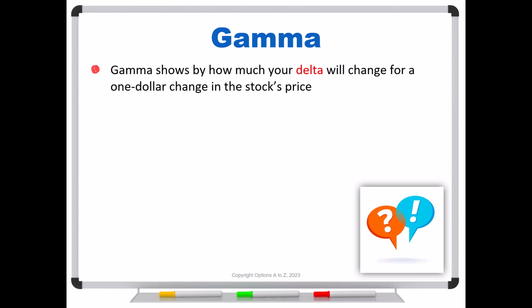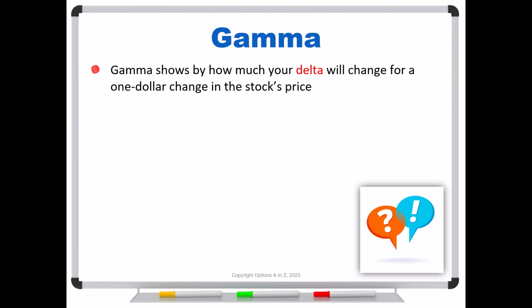And the same is true here for gamma. So when we talk about changes in gamma and how it's going to affect delta, a $1 change is really too big. So if you run this in a pricing model, you're going to see that you're going to be off by just a tiny bit. But that's okay. It's just because we're really stretching the definition a little bit just to make it easier to understand.